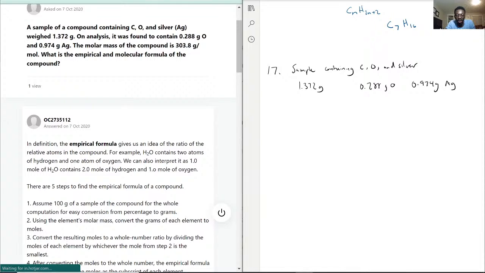The molar mass of the compound is 303.8 grams per mole. What is the empirical and molecular formula for the compound?